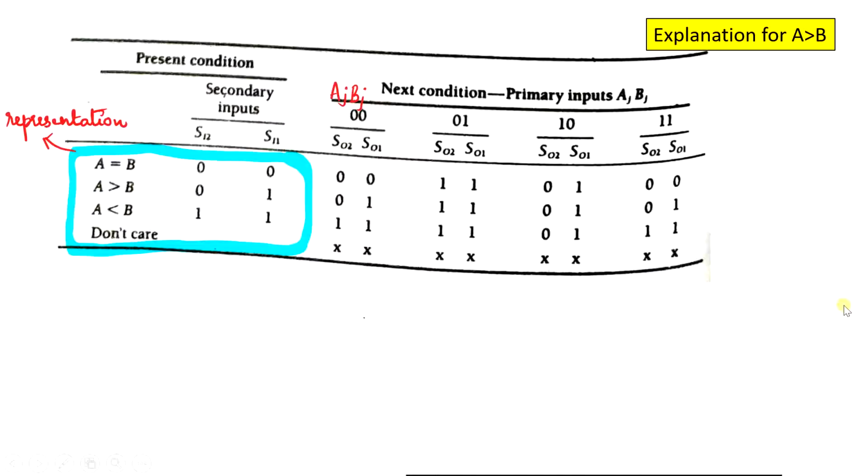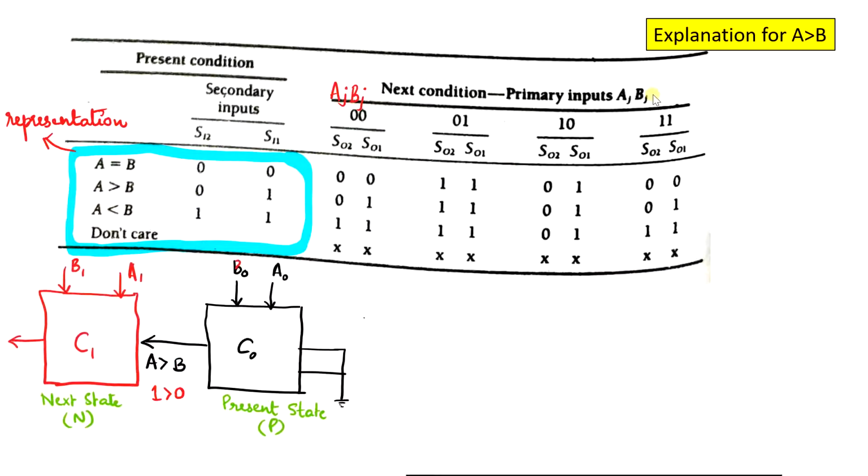Next we have the case of A greater than B, and I am going to consider the table again, and this is the encoded representation that I have considered. As you can see, I have drawn the iterative model once again to show the present state and the next state. Now in this particular case, for A greater than B corresponding to the second row, this condition exists only when A is greater than B, meaning A is logic 1 and B is logic 0.